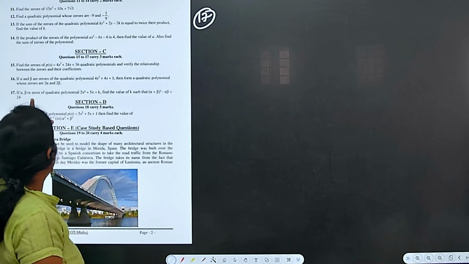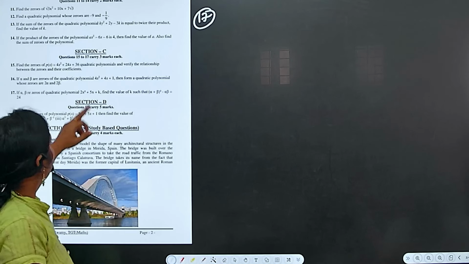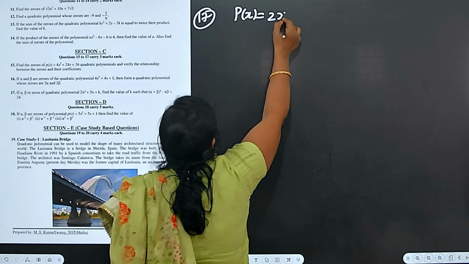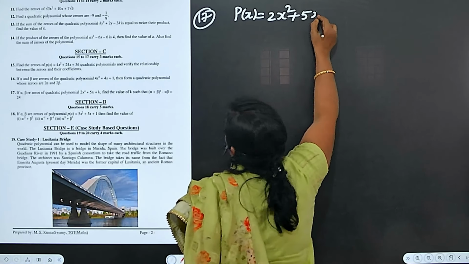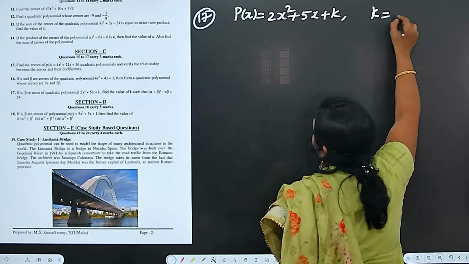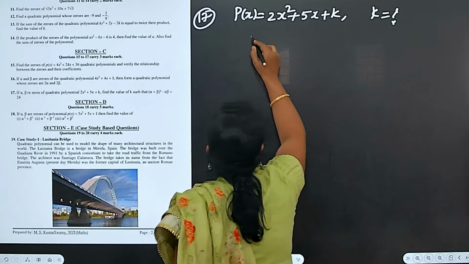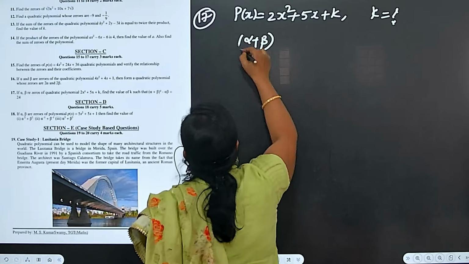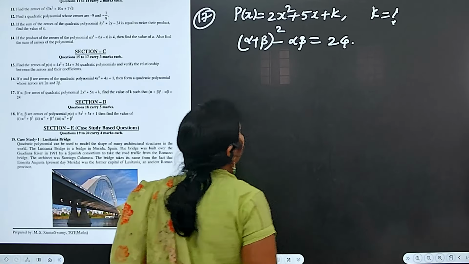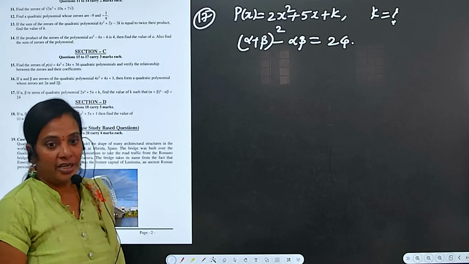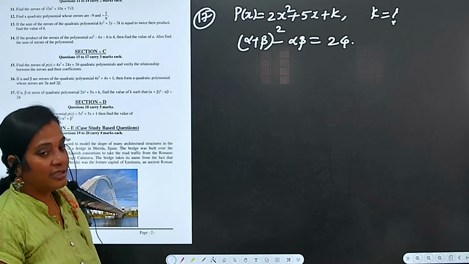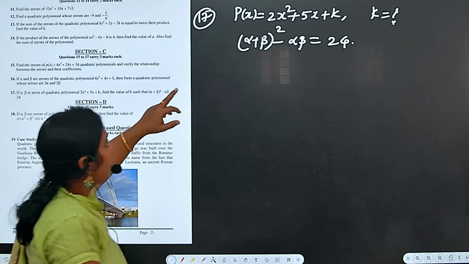If alpha comma beta are zeros of quadratic polynomial p of x equal to 2x square plus 5x plus k, then find the value of k. K equal to how much? Such that alpha plus beta whole square minus alpha beta equal to 24. They have given the relation alpha plus beta whole square minus alpha beta, that is equal to 24 with the polynomial.